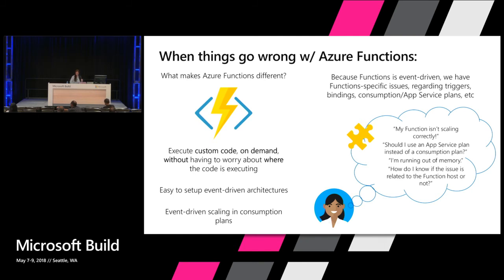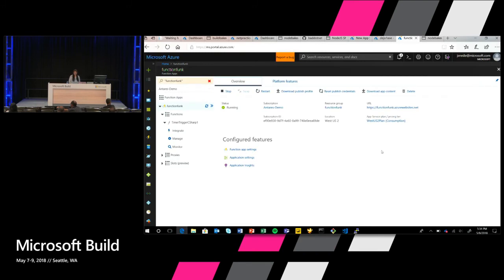I'm going to show you one of the functions that I have right now. This is called functions func. So obviously something's going wrong. There are different types of things that you can do. First, we debuted a new monitoring experience.